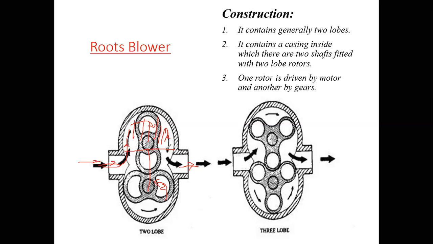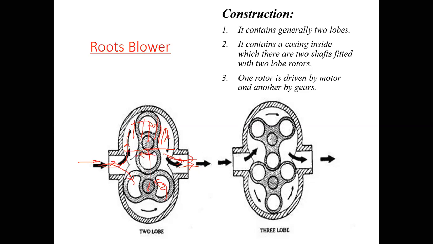Now as this rotor is rotating, this air is delivered at a higher pressure to the discharge valve. At the same time, when discharge on this side occurs, suction on this side happens. As you can see, the position of rotor number one is horizontal, so the position of rotor number two will be vertical, and it is starting to rotate in the anti-clockwise direction.